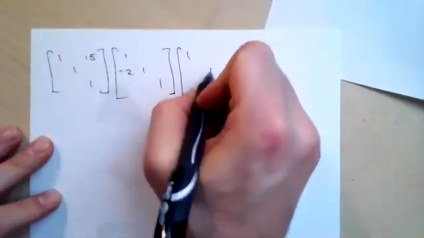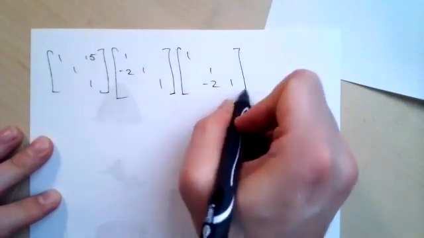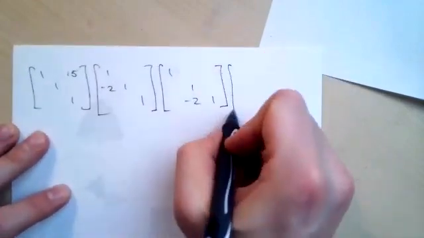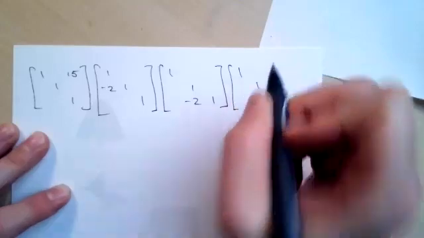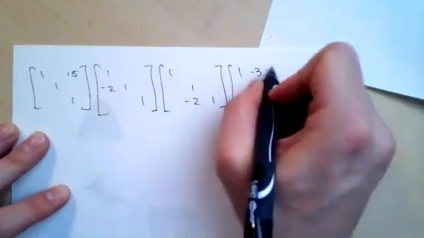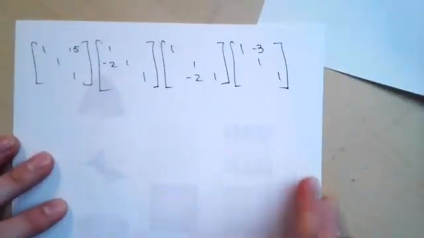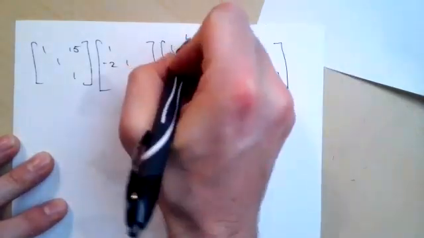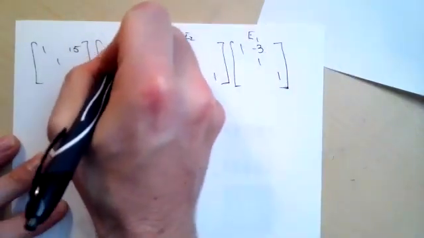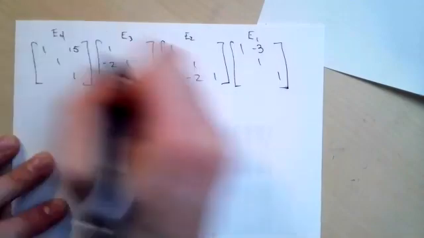We have 1, 1, 1, minus 2 here, and 1, 1, 1, minus 3 was there. And so that's our E1, E2, E3, E4.